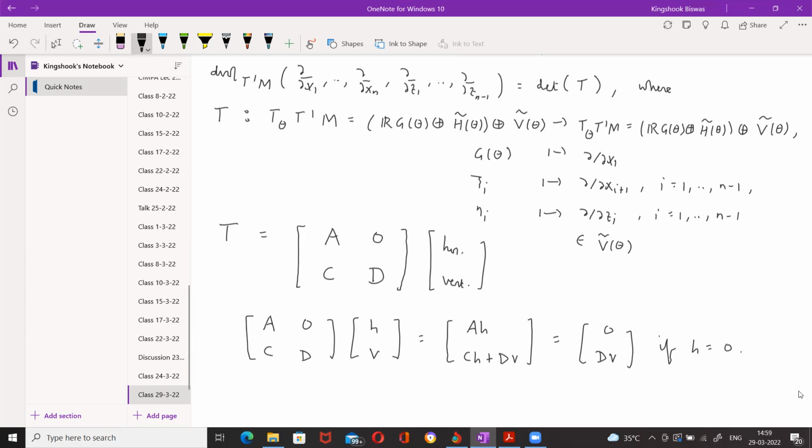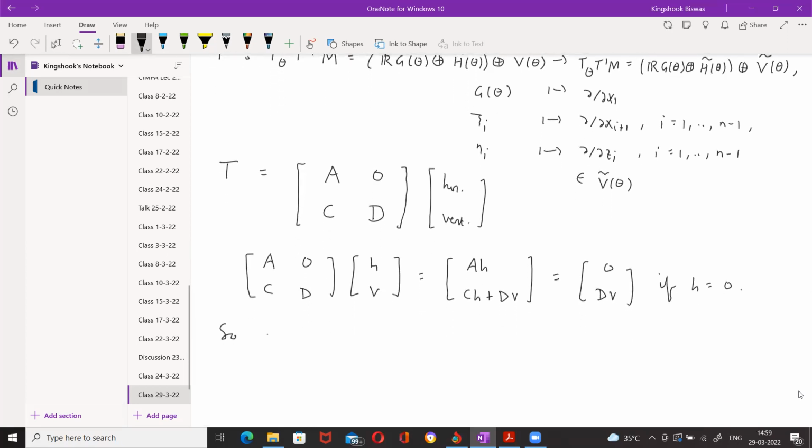Okay, so the point is it's block upper triangular, a block triangular matrix. So the determinant is going to be the product of determinant A with determinant D, right?